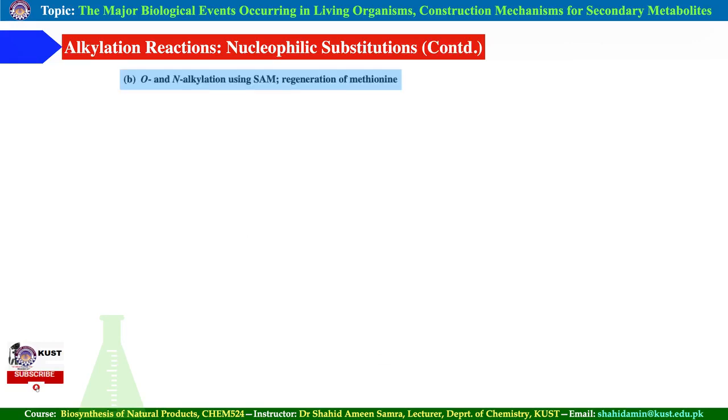Now in the next process, O and N alkylation will happen by utilizing this activated methionine, that is SAM. Because both oxygen and nitrogen have lone pairs of electrons, we can say these are electron rich species, and this carbon is partially positive because of the inductive effect of the positively charged sulfur. So as a result, these lone pairs may flow towards this carbon.